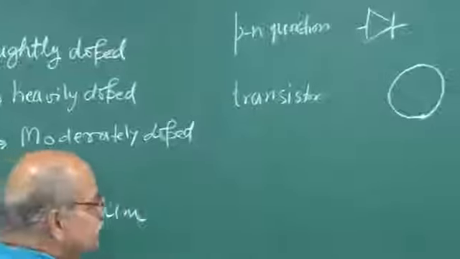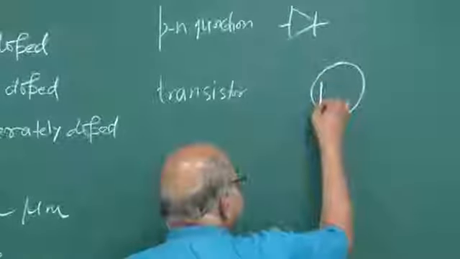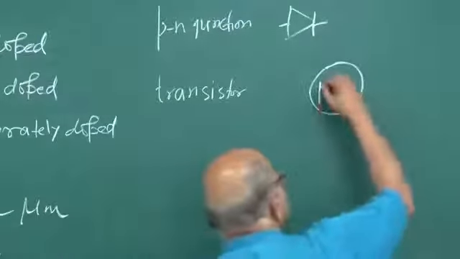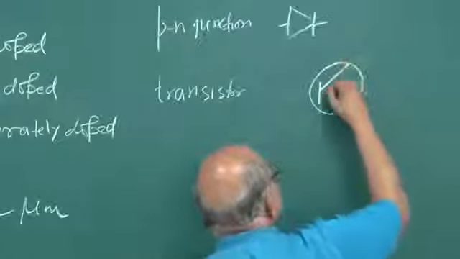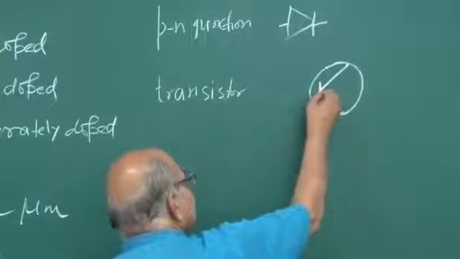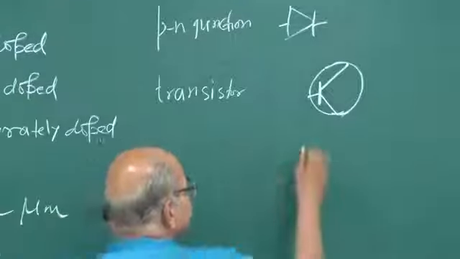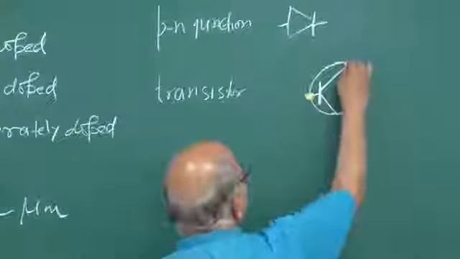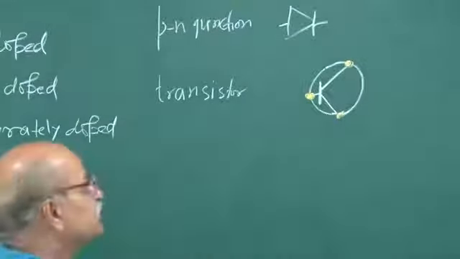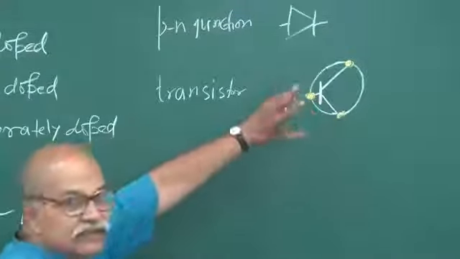Let's draw a baseline. Suppose this is the base. Then two slanted lines, one like this, another like this. These are the connections to be added to the external circuit. This one is the base, and one of the others is the emitter, another is the collector.